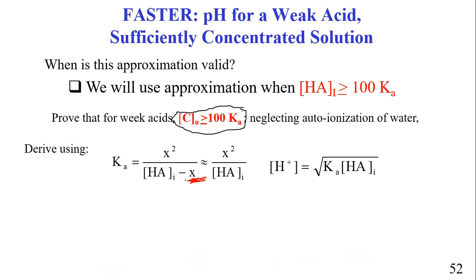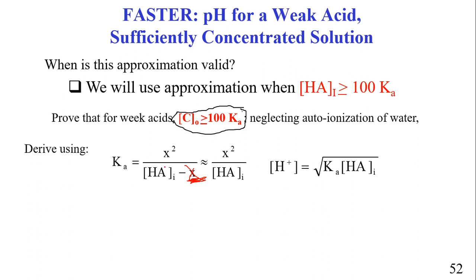So now here, if X is negligible, in other words, if C0 is greater than or equal to 100 Ka, we multiply the Ka times 100, which we could do in our head, so we don't really need a calculator for this.